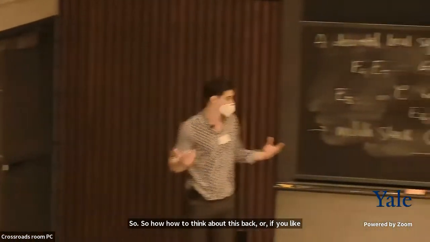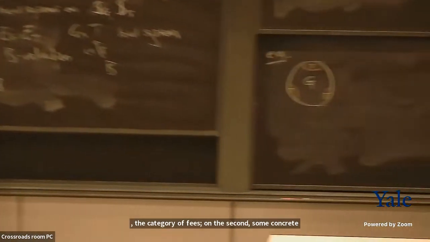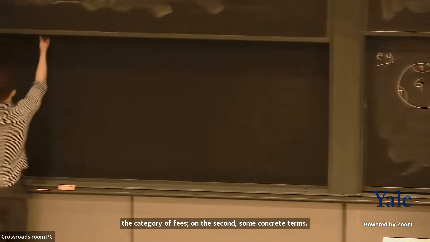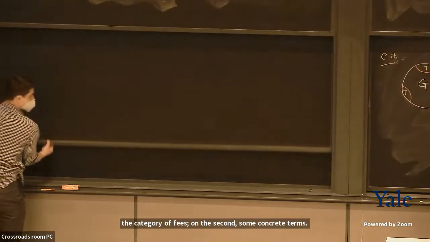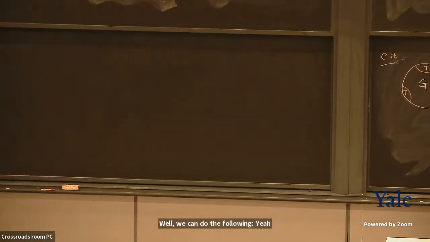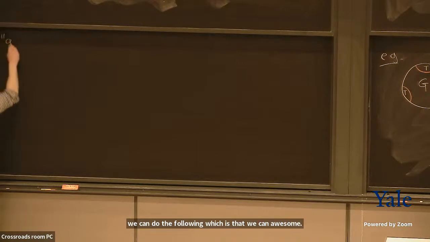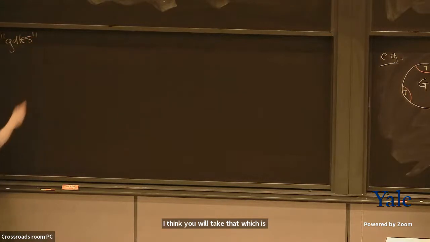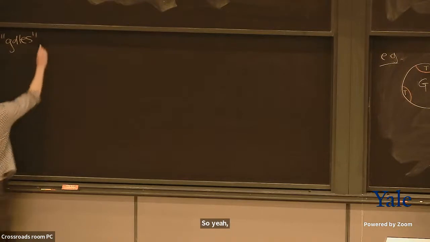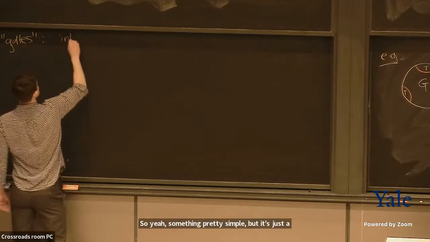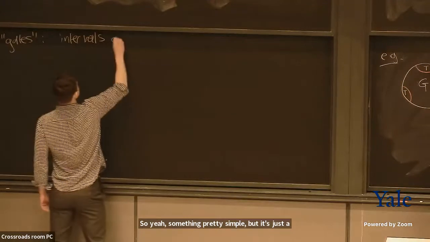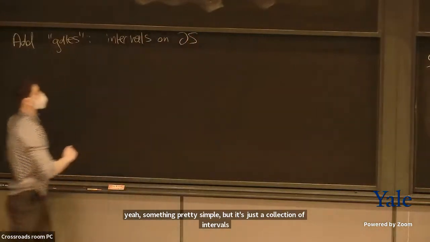So how to think about this stack, or if you like, the category of sheaves on this stack in some concrete terms? Well, we can do the following fairly standard trick, which is that we can add some additional data, which in our paper we call gates. It's a funny word for something very simple, but it's just a collection of intervals on the boundary of the surface.